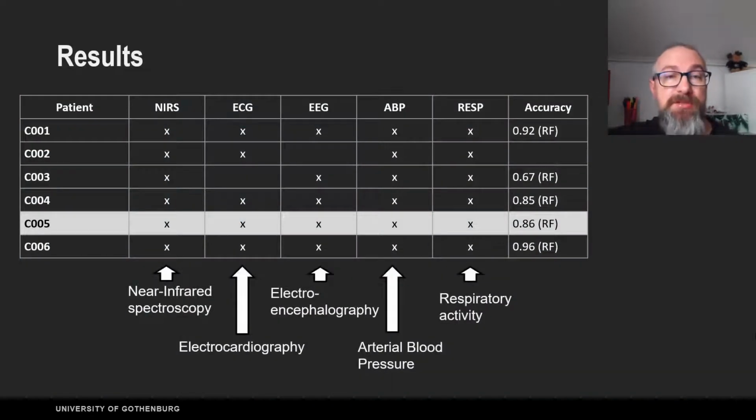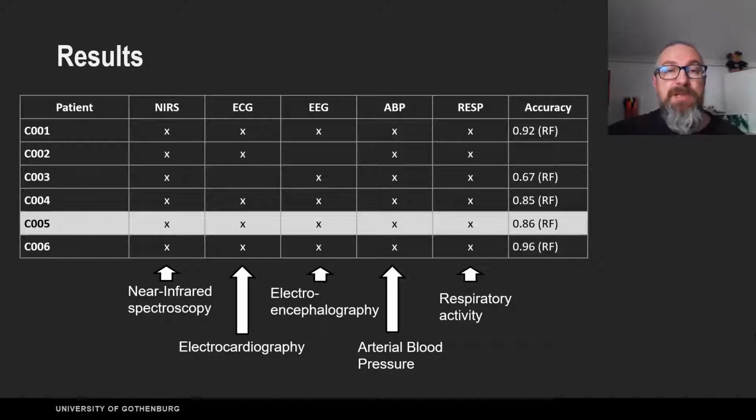So the results that you see are like this. In this paper, we only present them from a few patients that we have. As you see, patient number 2, for instance, and 3, they have a lower accuracy, or even patient number 2 doesn't have any accuracy at all. And that's simply because some signals, when we were collecting the data, were corrupted.